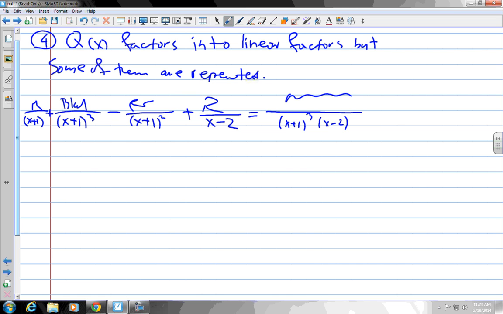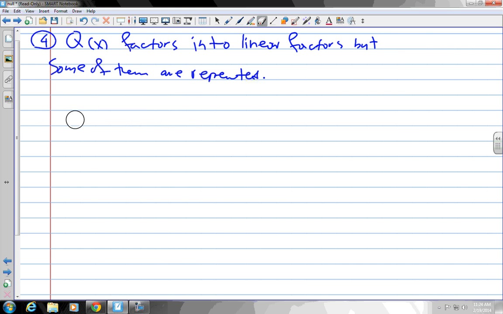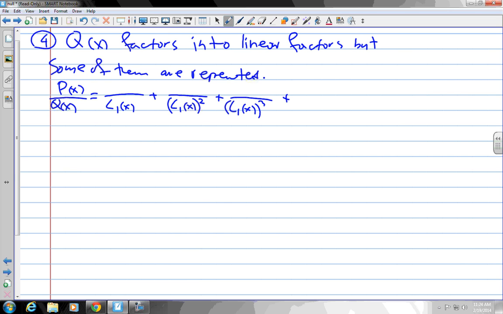So if you're faced with a case where you have some repeated linear factors, then your numerators will still be constants, and this thing should be expressed as, you have your L1x, and then L1x squared plus L1x cubed up to the highest power of that factor that you saw, and then some other factors, L2x plus L2x squared, and again up to the highest power.